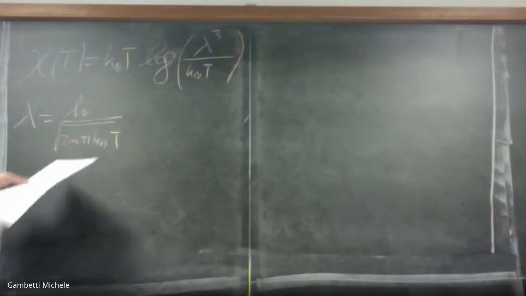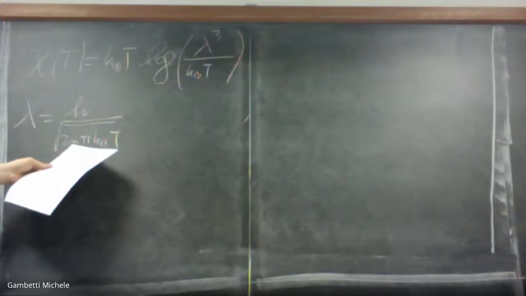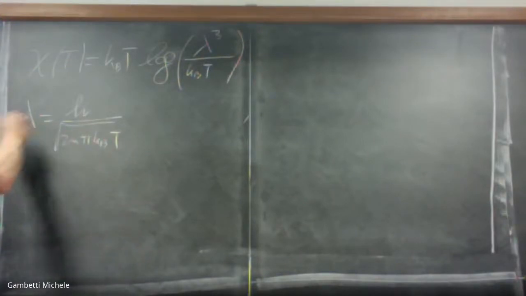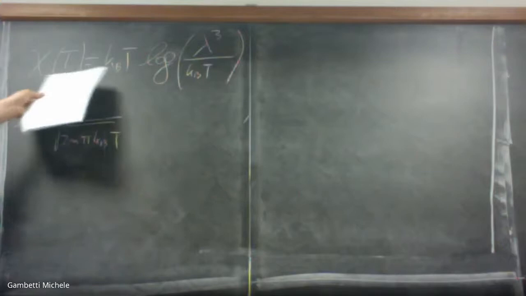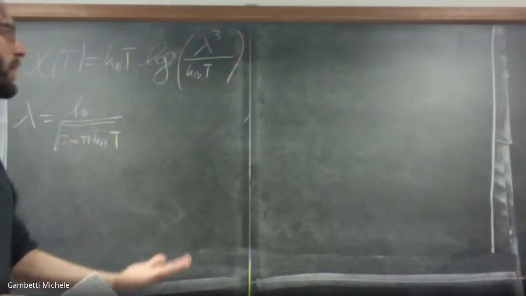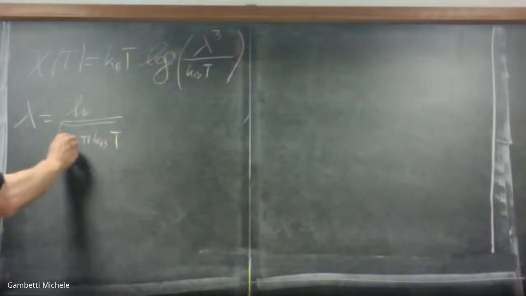So one specific property of my particles is the mass. If the mass is different at fixed temperature, lambda will be different, and therefore this will characterize this function chi, which depends on the specific particles we are dealing with. So the first thing is the mass, of course.